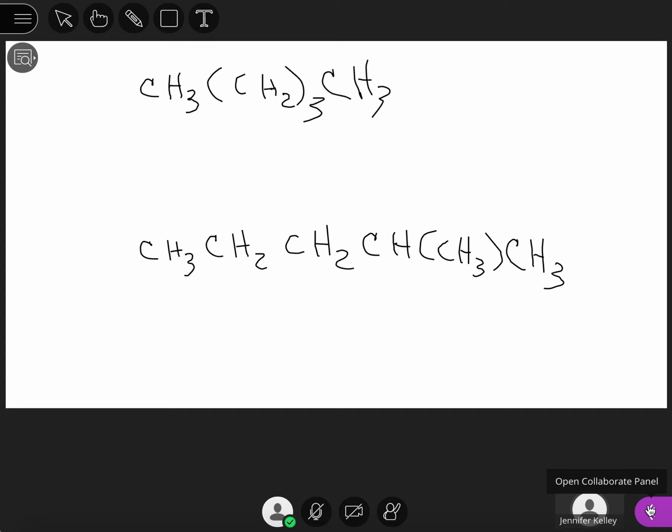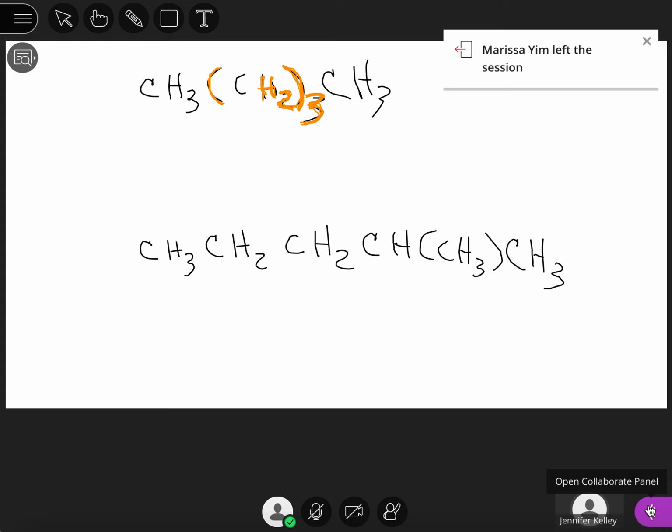So this one, we've got the parentheses here, and it's telling me how many of them there are, and it's got a CH2, and there's no CH3 inside the parentheses anywhere, and it's not like an oxygen or nitrogen or something, and that tells me that it's just going to be a straight chain.